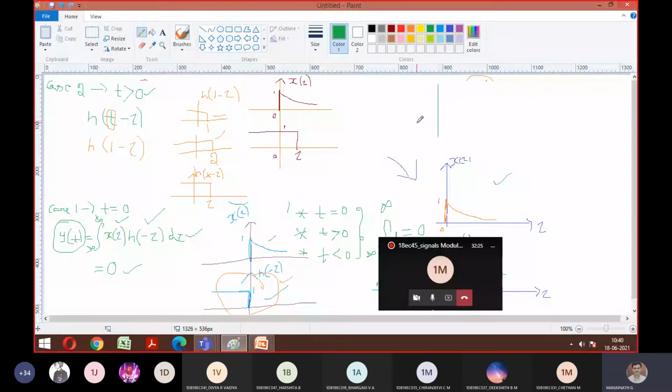If I overlap, this is one signal. Let me take it exactly at 0. So this is one signal. For this, let me overlap one more. Is it how it looks? Agree, everyone? Yes, sir. So if it is like this, then which part of the signal is overlapping? Is this part overlapping?